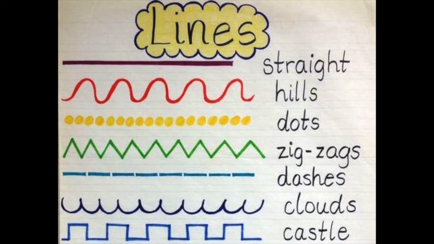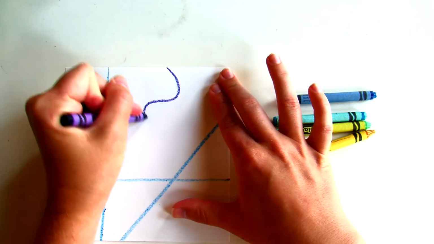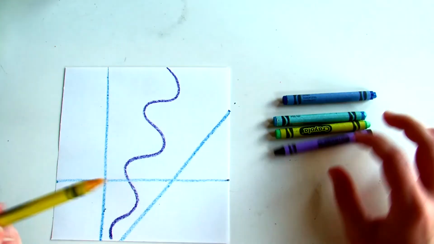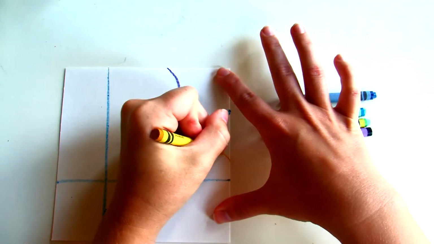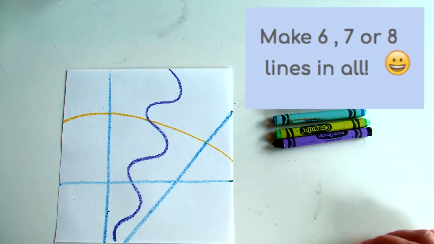You can use straight lines, hill lines, dotted lines, zigzags, dashes, clouds, or castle lines. But make sure that the line that you use touches one side of your paper and connects to another side of your paper. By the end of this, you'll want to include about 6 to 8 different lines.